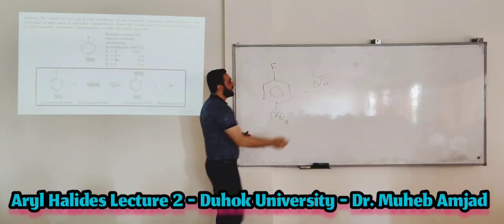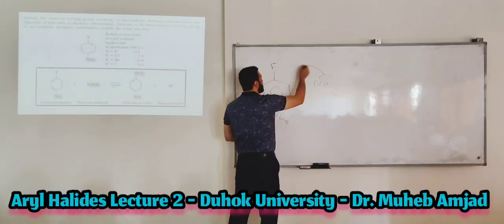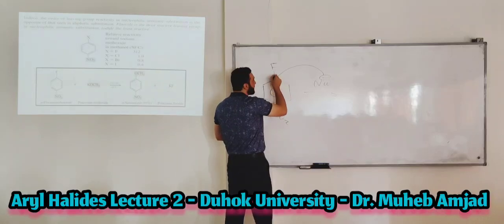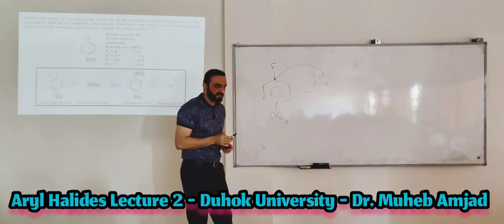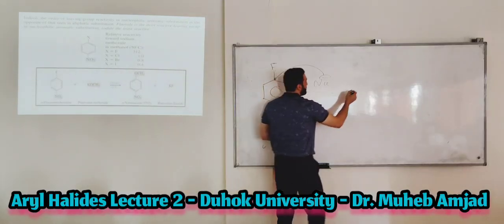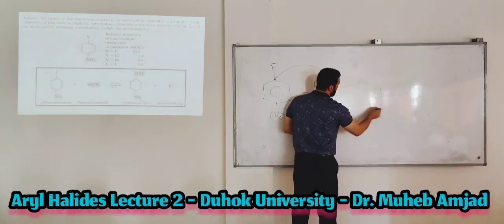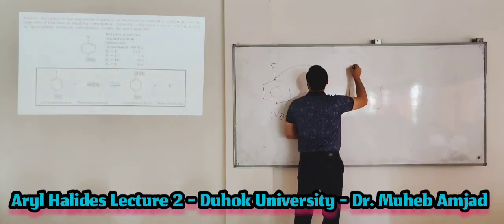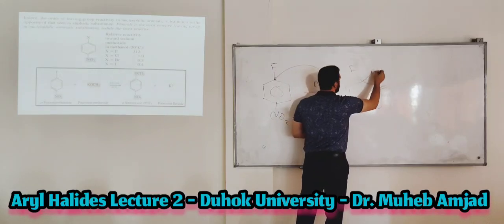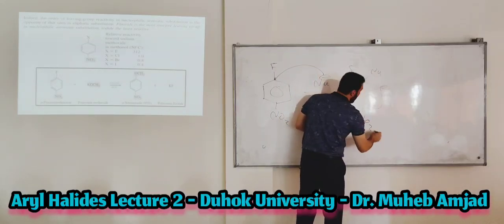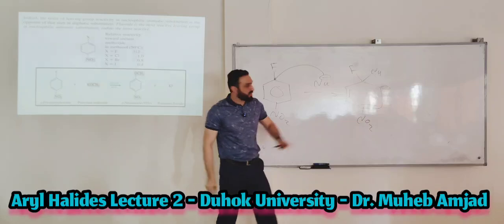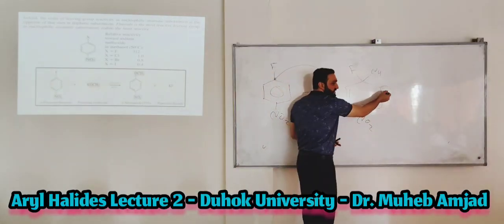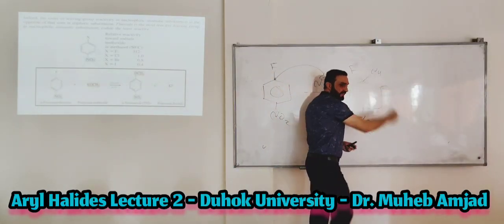If this nucleophile adds to the same carbon that has the halogen, it will give you an anion, this one, with a negative charge. This is the fluor, this is the nucleophile, and this is the NO2. So you have a carbanion, with negative charge over the whole benzene ring.